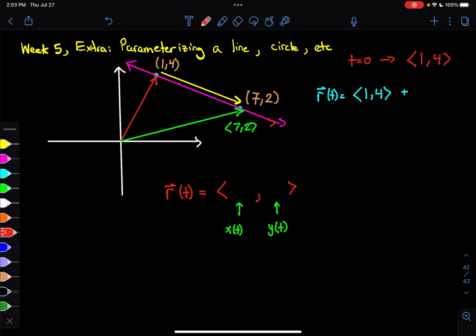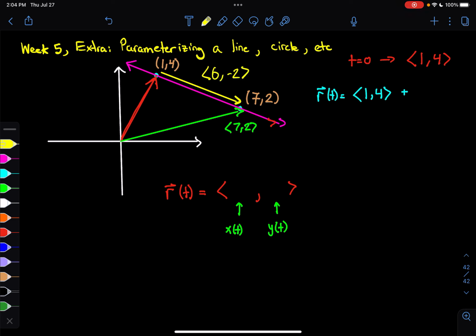Because remember, we're starting aiming at the point 1, 4. And the way vector addition works is if I take that red vector and I add it to this yellow vector, it's going to give us the green vector. And so how do you come up with the yellow vector? Well, it's very simple. You're going to do the final point minus the initial, and in this case, this yellow vector is the vector 6, negative 2.